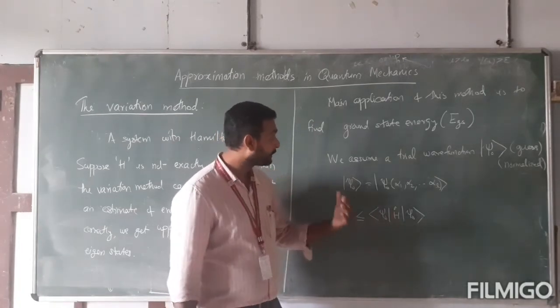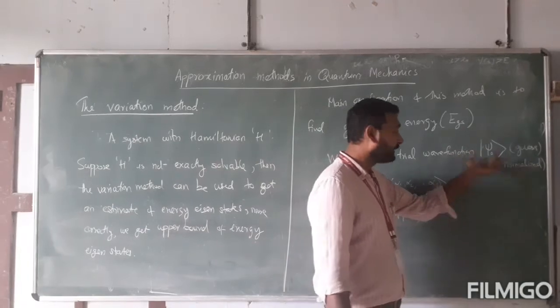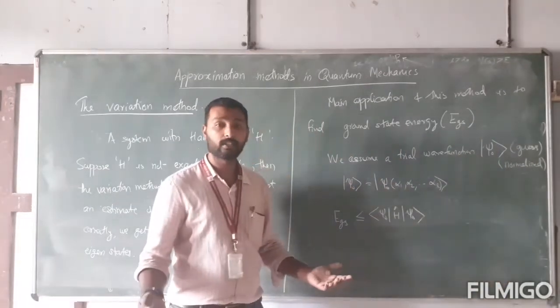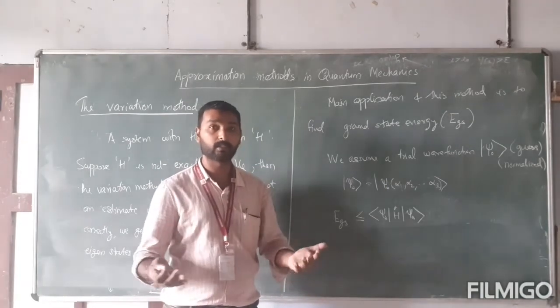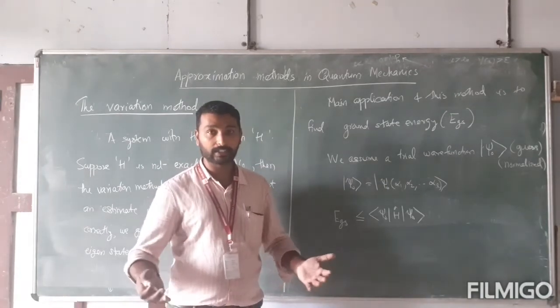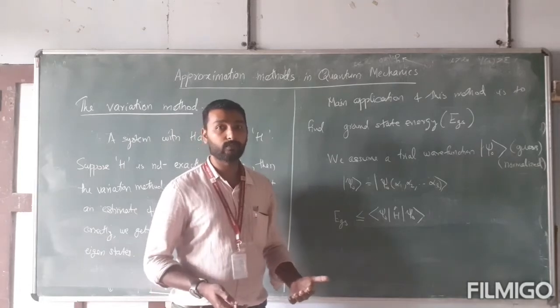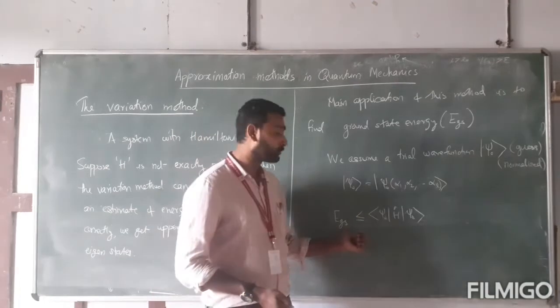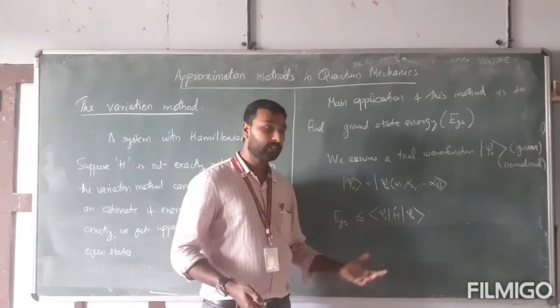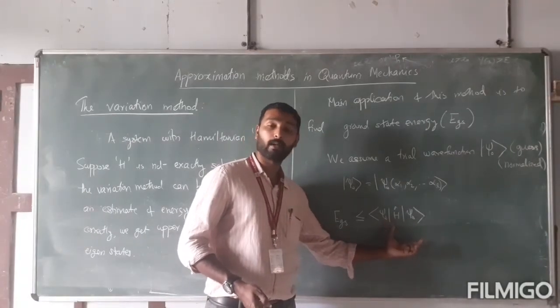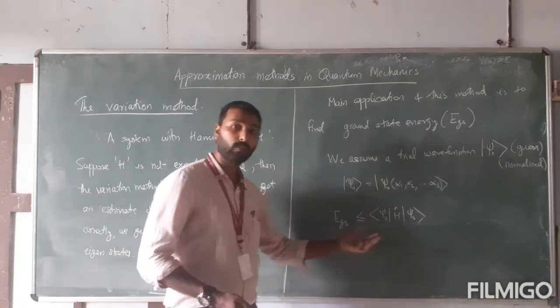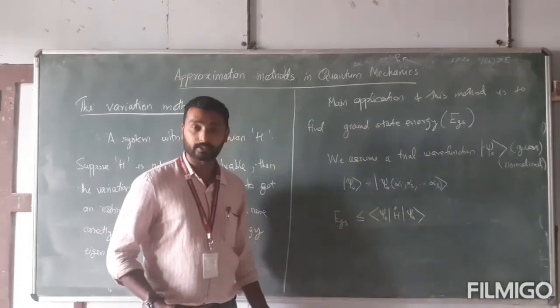If psi 0, the wave function that we have guessed, is exactly the ground state wave function, that is also possible. Sometimes our guess becomes true. Then we will get the exact ground state energy. Otherwise, the expectation value of the Hamiltonian in the psi 0 state would be greater than the ground state energy.